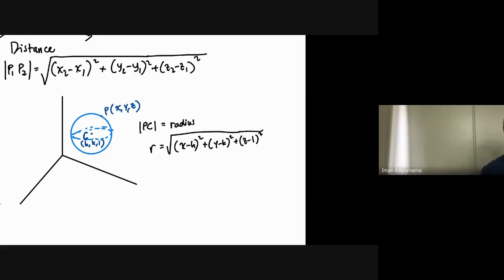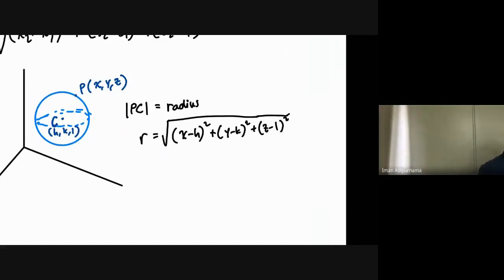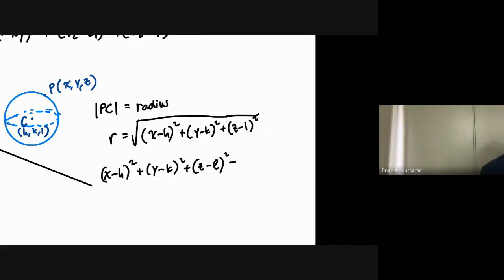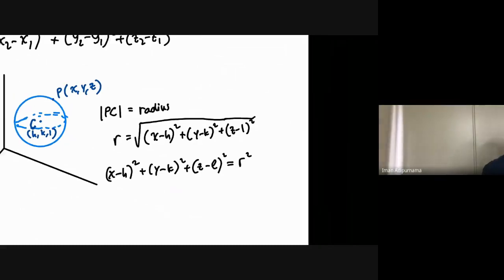And if we look at this formula and square both sides, let me rewrite the x minus h on the left. And we will have the sphere equation.